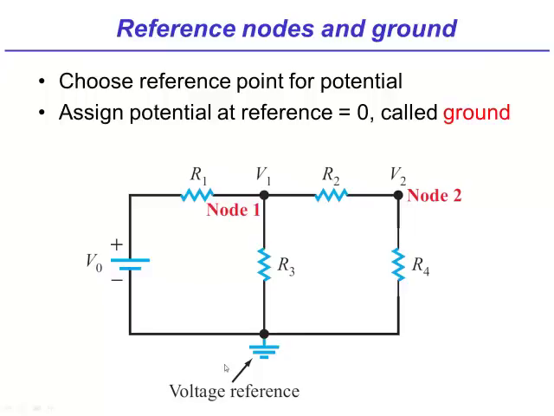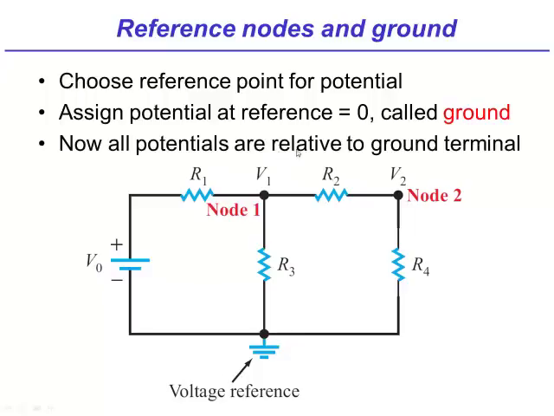Okay? Now, once we do this, all of these potentials are implicitly relative to ground. So what I'm saying is if I drew a V1 here, this is node 1, so I've decided to call this voltage V1. Let's say I called this node 0. This is my reference node. What I really mean is this is V1,0. Remember we talked about voltages all being differences, right? Relative.